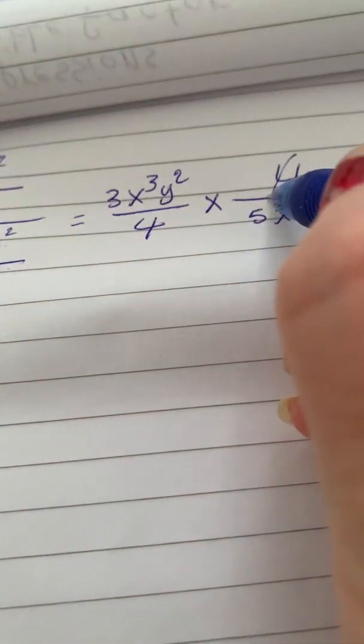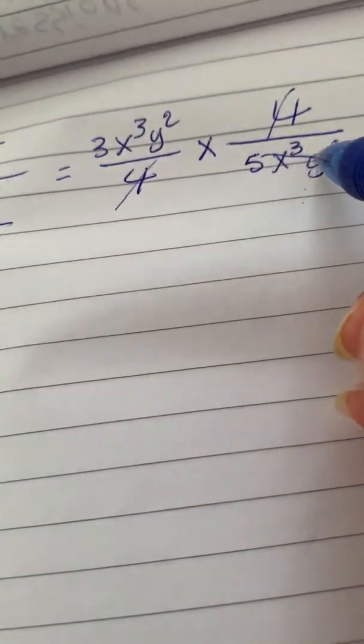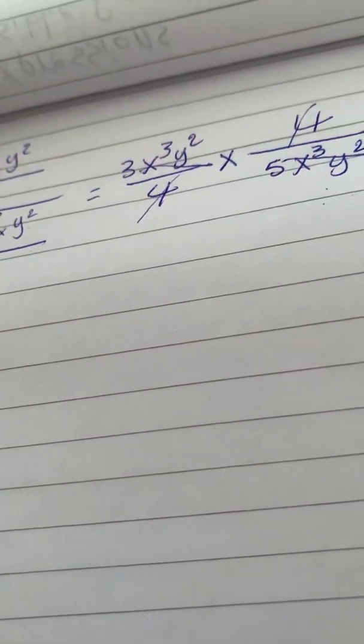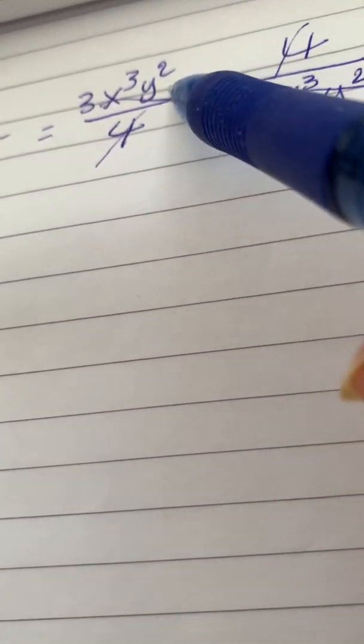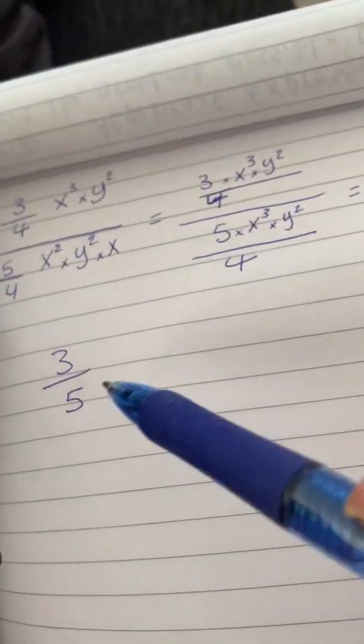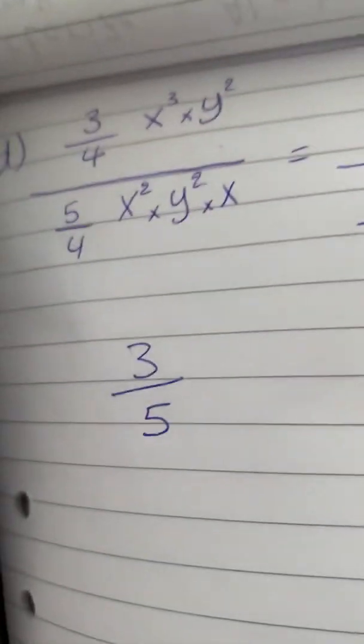And we see here we can cancel 4 with 4, x power 3 y power 2 with x power 3 y power 2. The rest we have is 3 fifths.